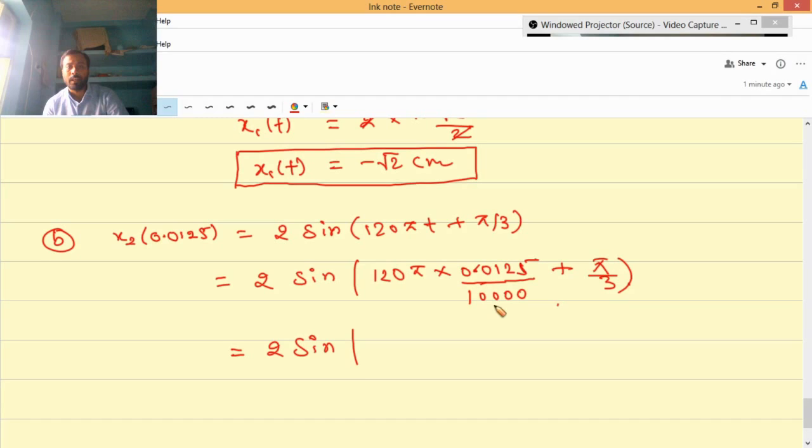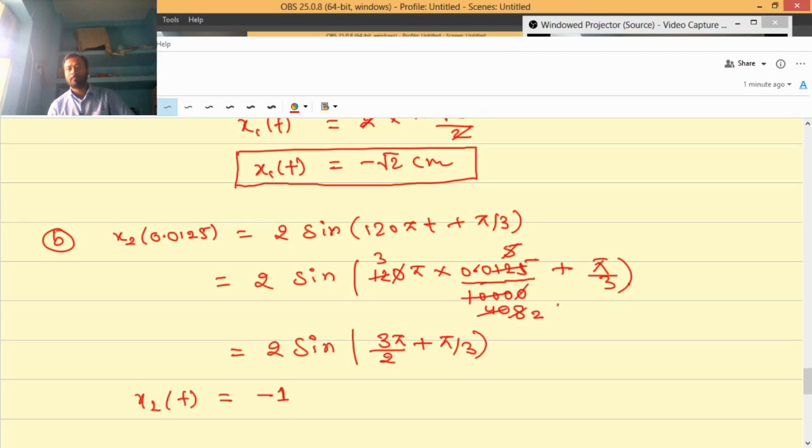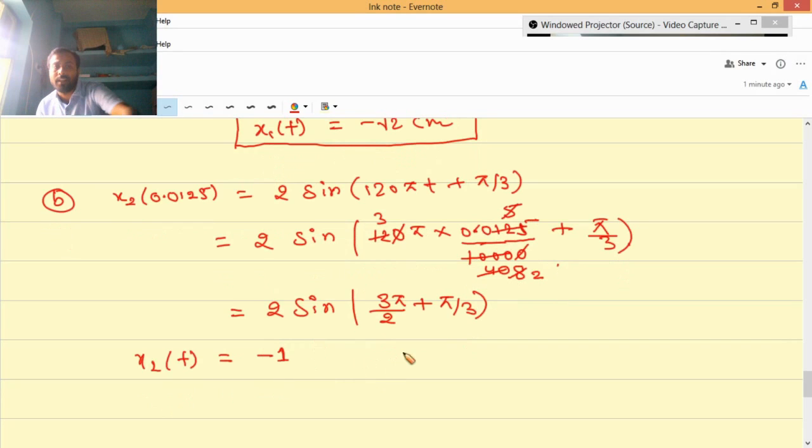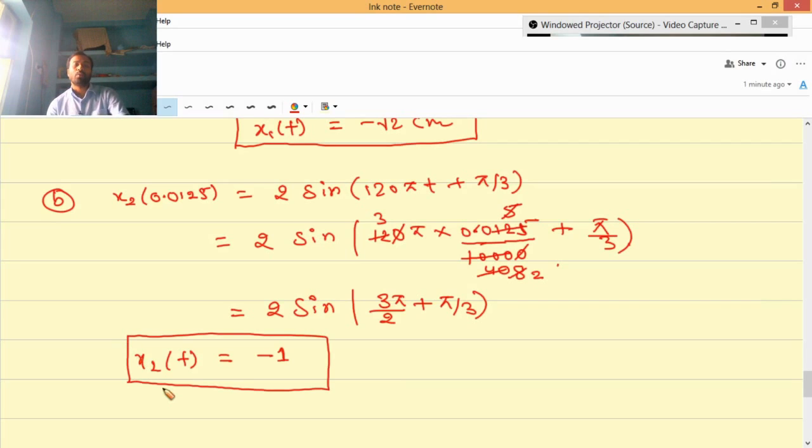Let me evaluate this value with the help of a calculator. I will entirely solve this value and then multiply it with 2 and finally write the answer. I have simplified this particular part, and after calculating all these values, what I obtained is x2(t) equals this value.